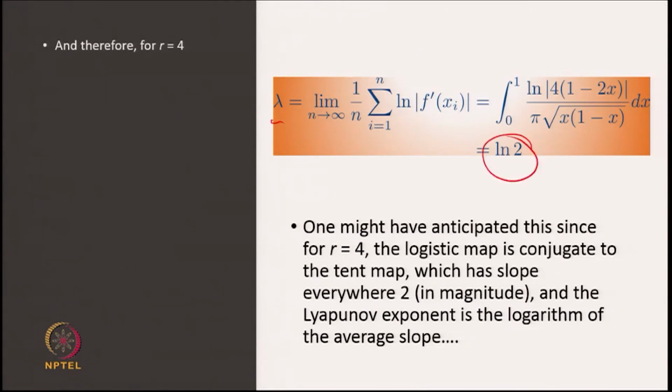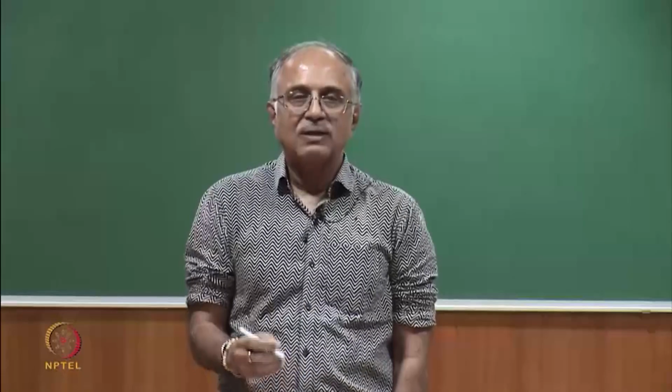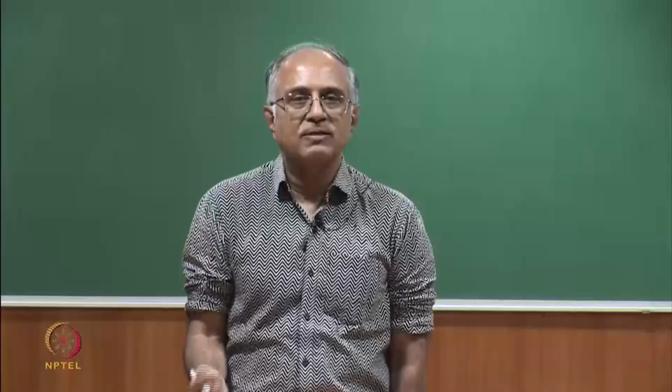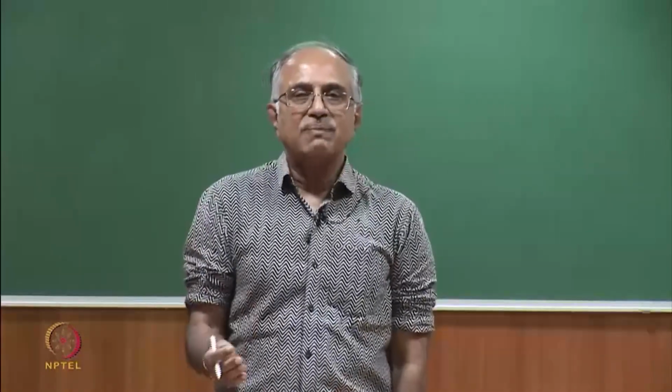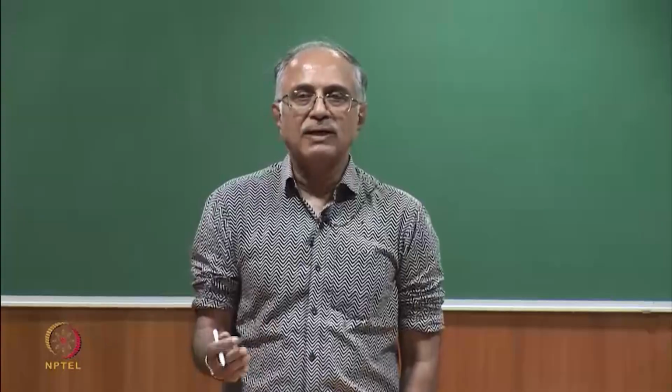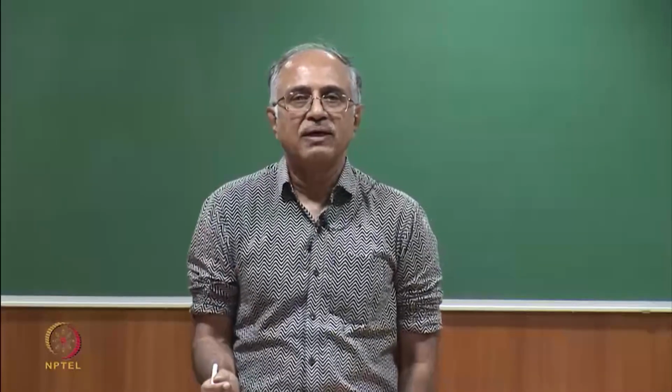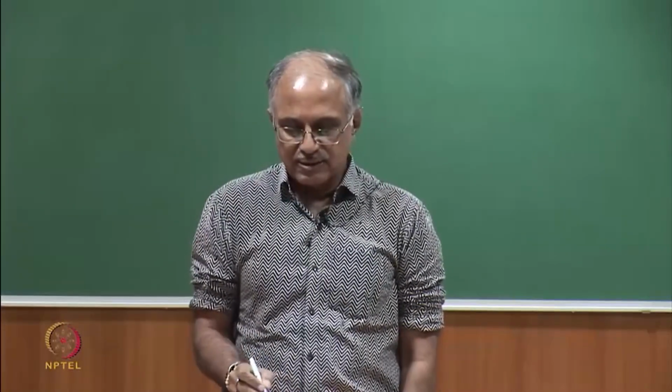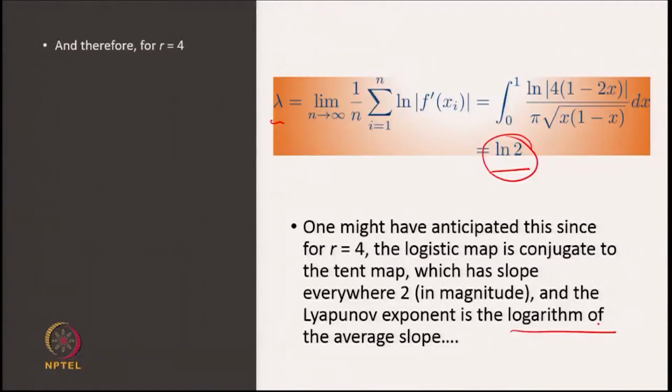So, the Lyapunov exponent for the logistic map at the value r equal to 4 is known analytically to be equal to the logarithm of 2. We might have anticipated this because at r equal to 4, the logistic map is conjugate to the tent map, and the tent map has slope 2 in magnitude everywhere, and the Lyapunov exponent is just the logarithm of the average slope.